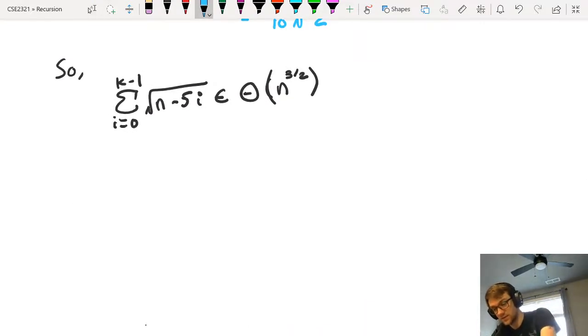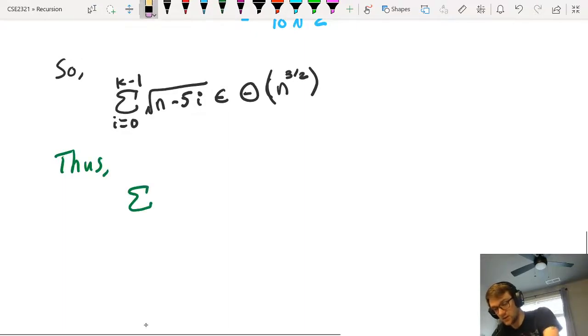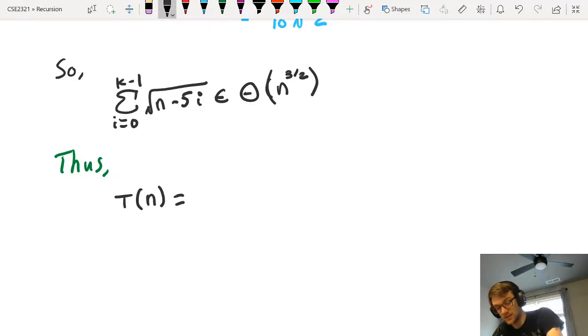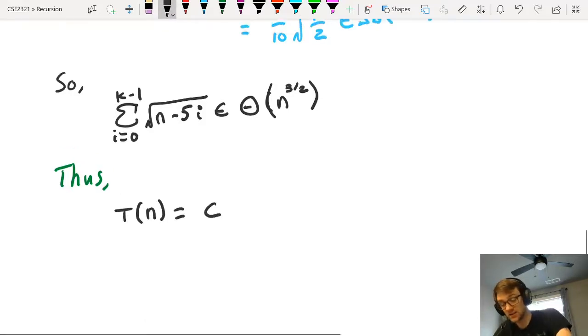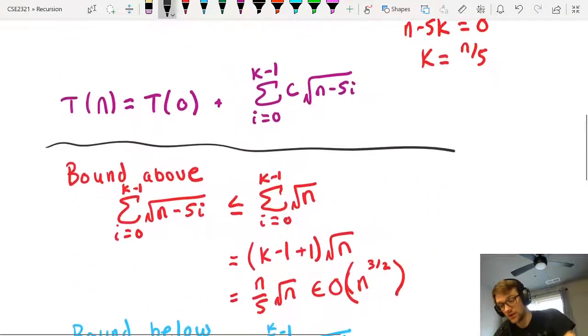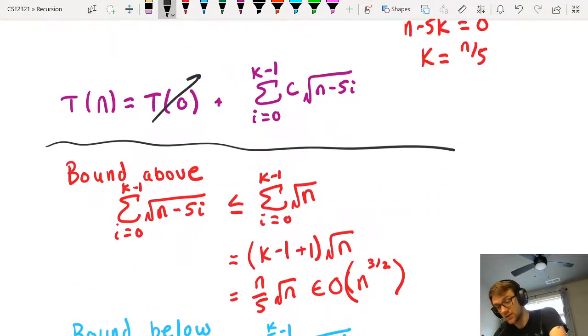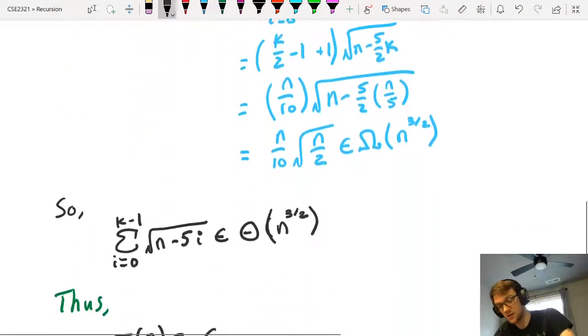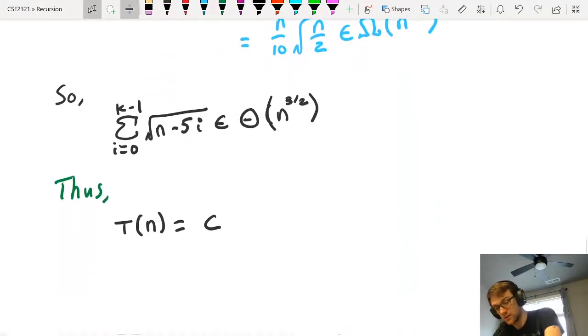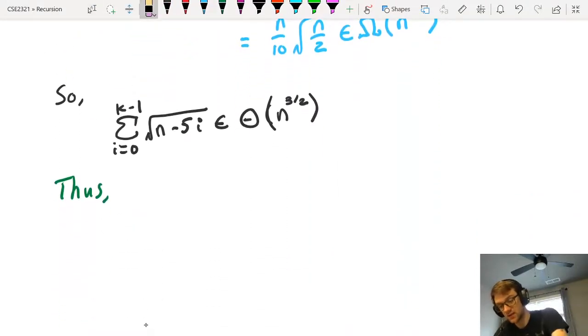So thus the summation, nope, don't let me lie to you, T of n is equal to c. Why do we have a c there? Let's scroll up. Well, it was T of 0, and T of 0 conveniently is just c. Oops, let's make this green. I apologize. I'm going to redo that.